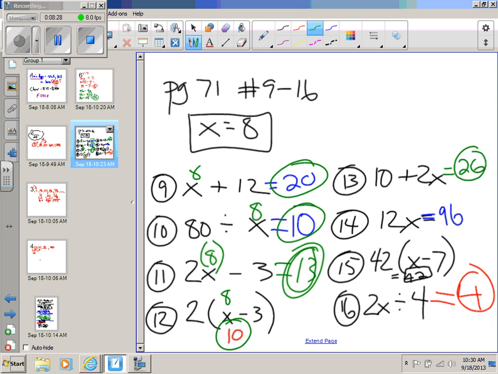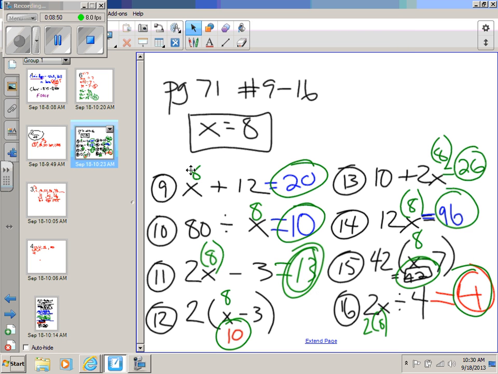Good. 13, plug in the 8. So 10 plus 16 is 26. Plug in the 8, 96. Good. Plug in the 8. 8 minus 7 is 1. 42 times 1 is 42. And then 2 times the 8 is 16, divided by 4 is 4. Perfect. Any questions?